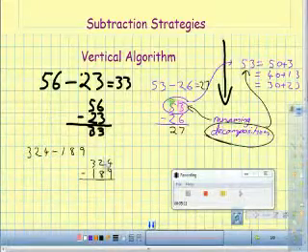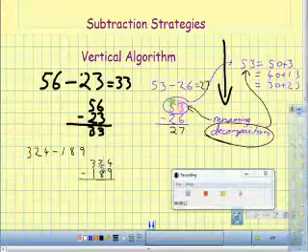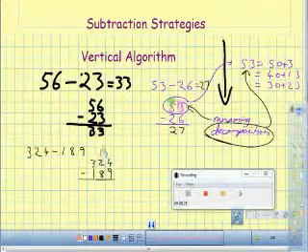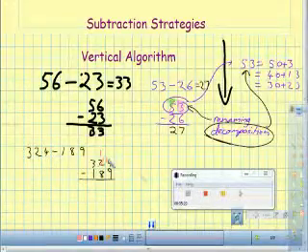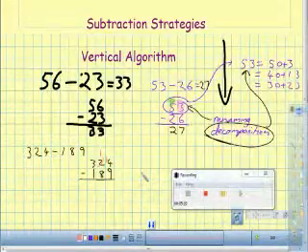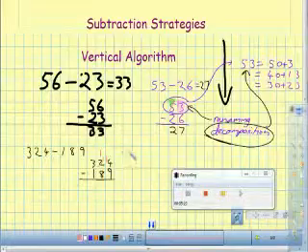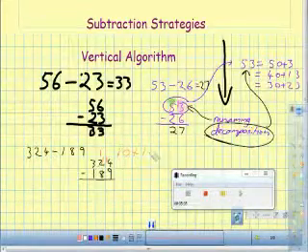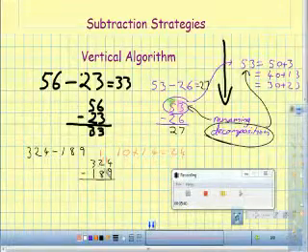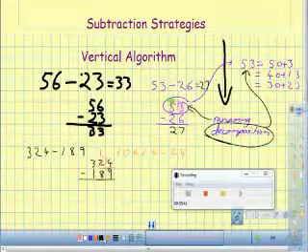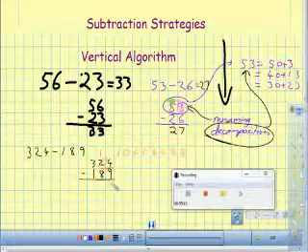So what I'm going to do is some renaming. That becomes 1. That becomes 14. If we think about it, what we're saying is 10 and 14 equals 24, which is what we had there. Now, 14 take away 9 gives me 5.